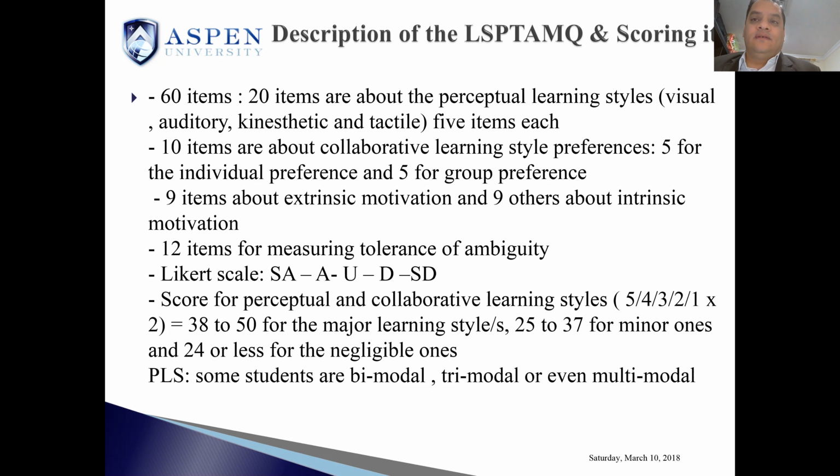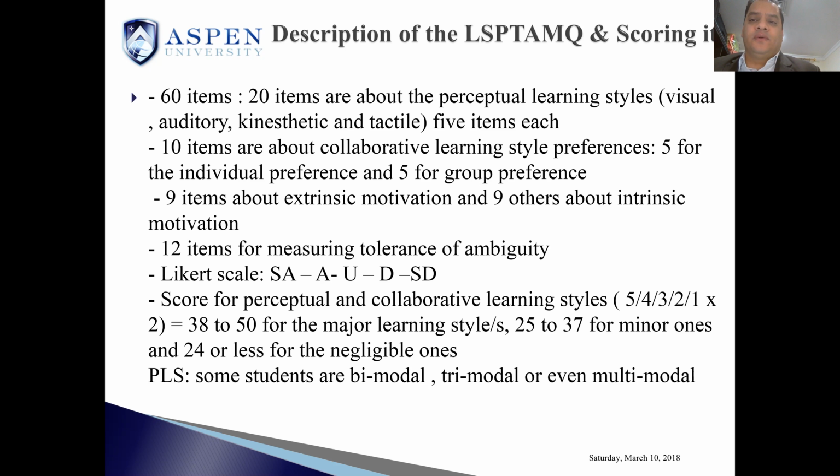There are 9 items to measure extrinsic motivation and 9 others for intrinsic motivation. And the last 12 items are mainly for measuring tolerance or intolerance of ambiguity. It's in a Likert scale form, with 5 choices: strongly agree, agree, undecided, disagree, and strongly disagree.